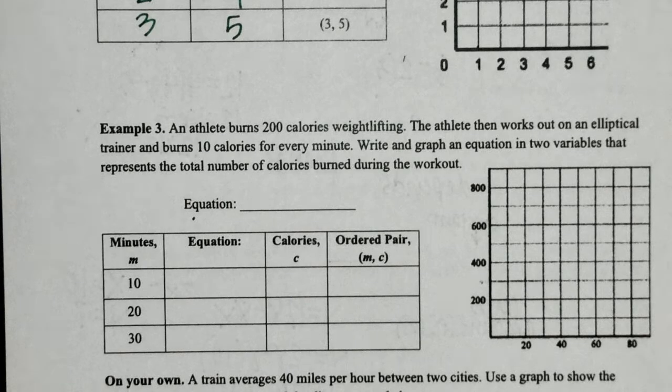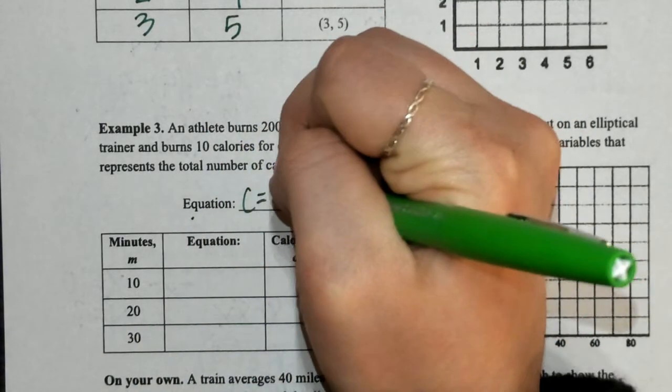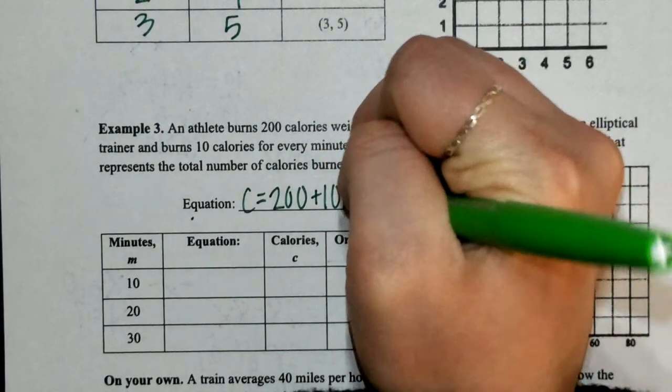Just by looking at it? Okay, so I'm going to change one thing because we're going to use M and C on this example instead of X and Y. Okay, but they mean the same thing. So, this equation is C equals 200 plus 10M.